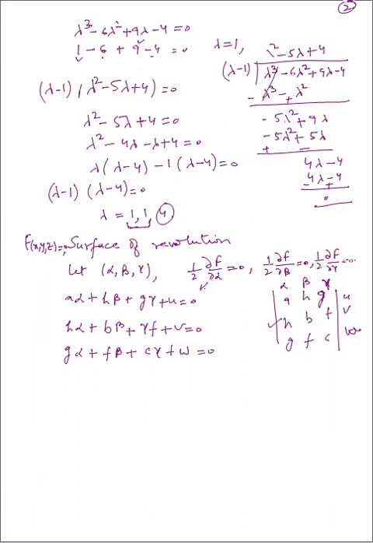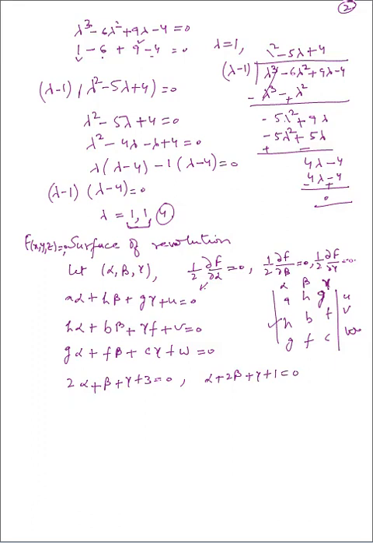So we got this. Now we put values in this and we get 2 alpha plus beta plus gamma plus 3 is equal to 0. Second will be alpha plus 2 beta plus gamma plus 1 is equal to 0.